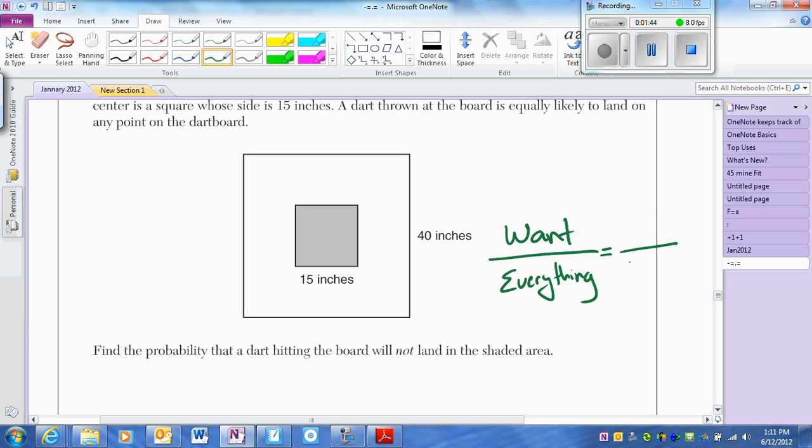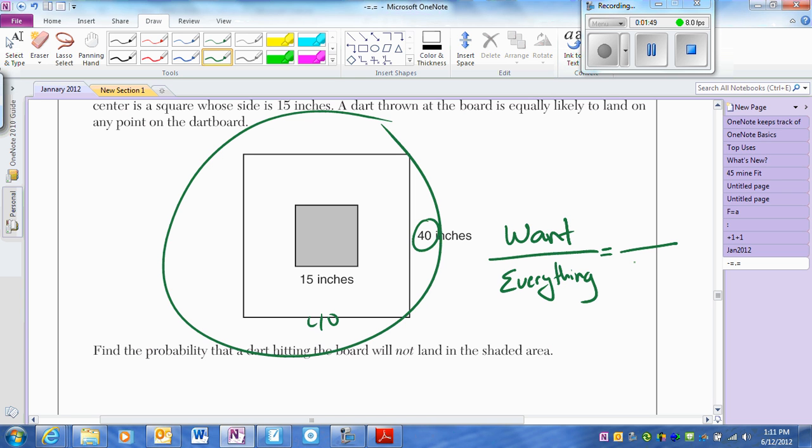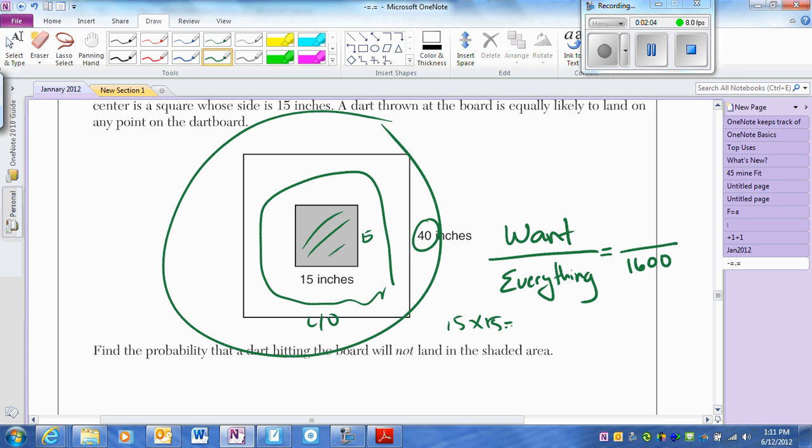Everything is the entire box. The entire box is 40 by 40, and that's 1600. What I want is this area, so I've got to figure out what this area is, and what I get to do is take the 1600 and get rid of this little middle. Well, this middle is 15 by 15, so that area is 15 times 15, which is 225. So if I start with the 1600 and I get rid of 225, I end up with 1375. So the answer here is 1375 over 1600.